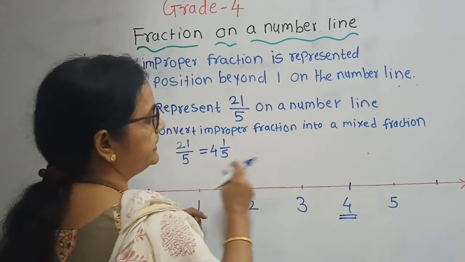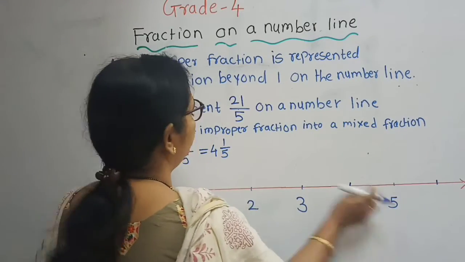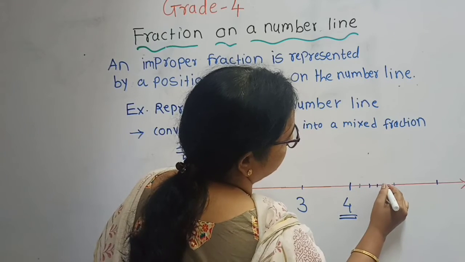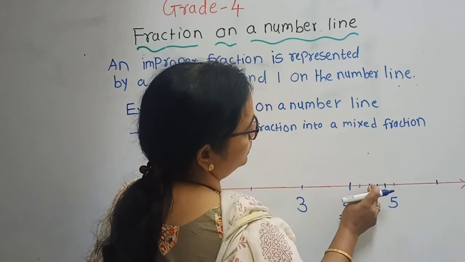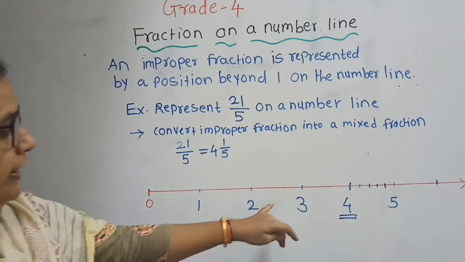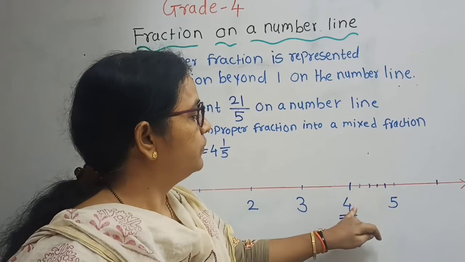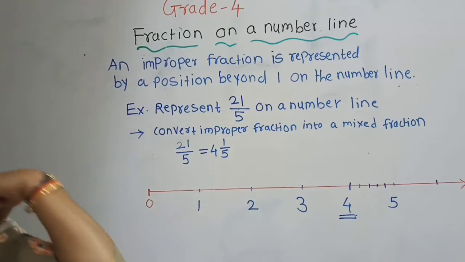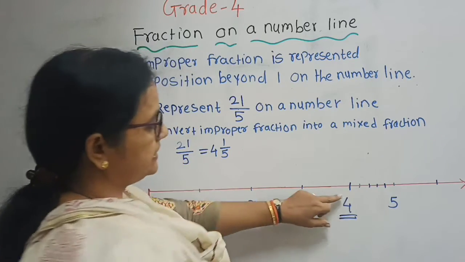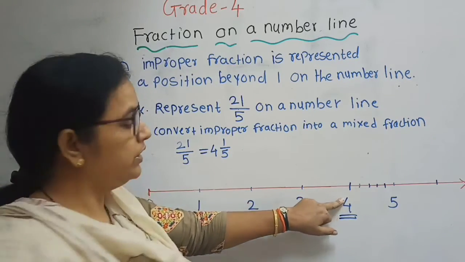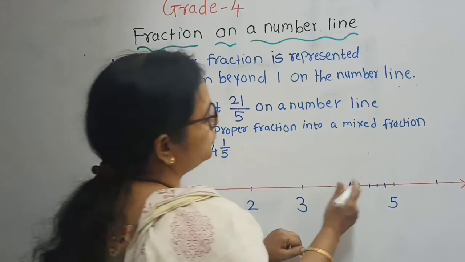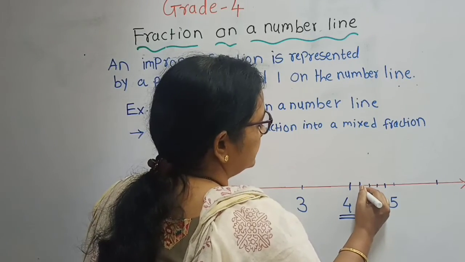Now we have to divide this 4 to 5 in 5 equal parts. Okay, 1, 2, 3, 4 and 5. Now when we divide this 4 to 5 in 5 small parts, then starting from 4, move here. The numerator is 1, so move 1 part only.